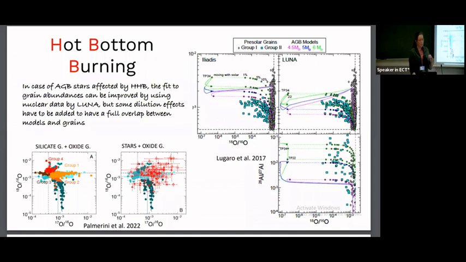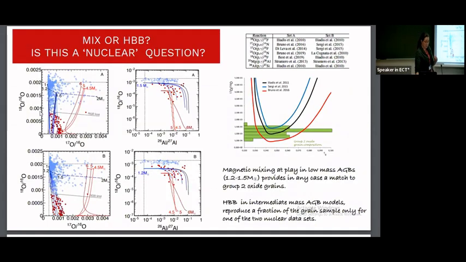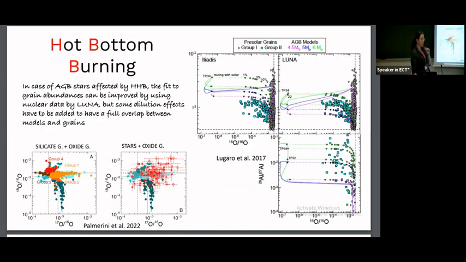So is hot bottom burning not able to fit these grains? Well, if we use the model as plotted here, yes, it is. But if we look with attention not only at the oxide grains, but also at the stellar observations, this red point over there, this plot over there are the oxygen isotopic ratios measured in stars.